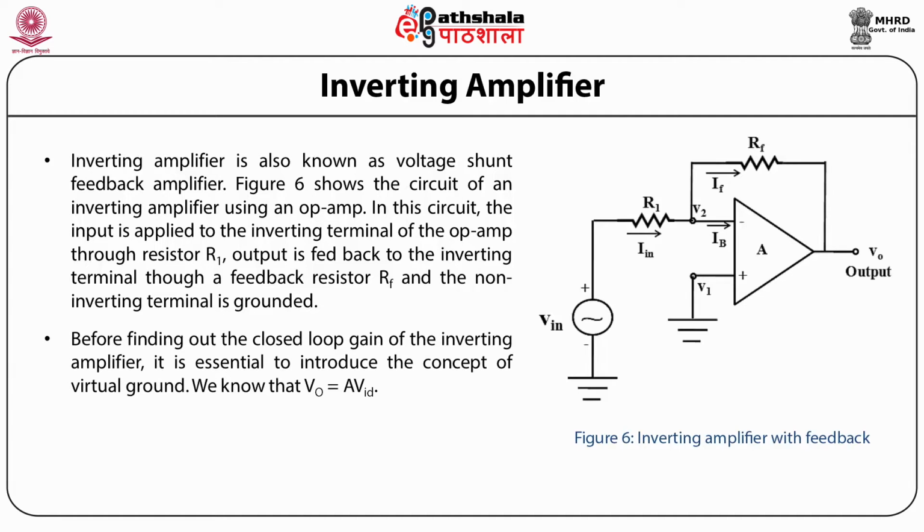Now, before finding out the closed loop gain of the inverting amplifier, it is essential to introduce the concept of virtual ground. We know that V0 is equal to A times Vid.